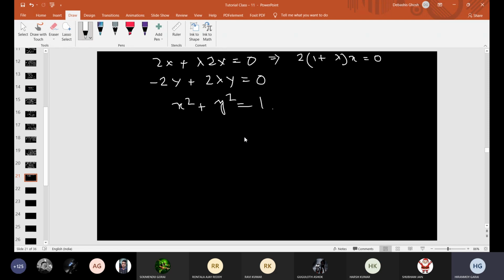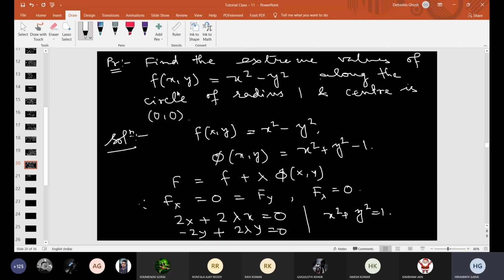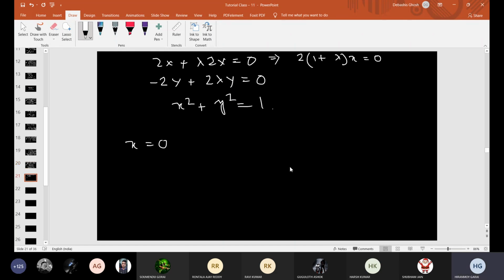So one possibility is x equals 0, and for that x equals 0, we have y equals plus minus 1. And what about lambda? At that time lambda is equal to minus 1.